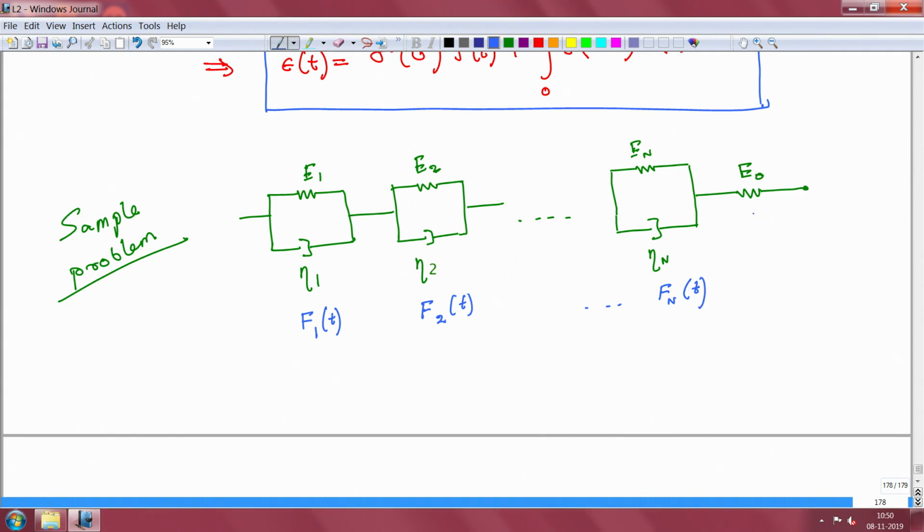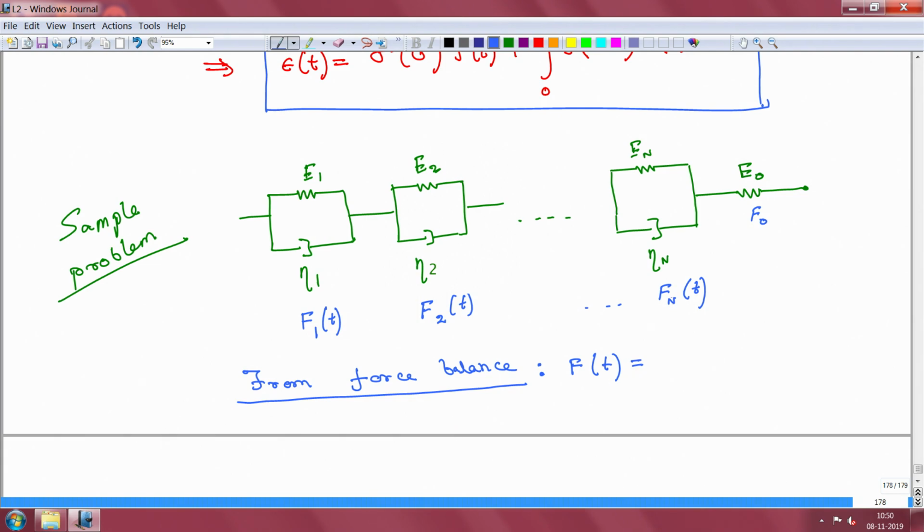And this is another force here. So, from force balance, we can say that the net force has to be the same in all the cases, because these are all massless.